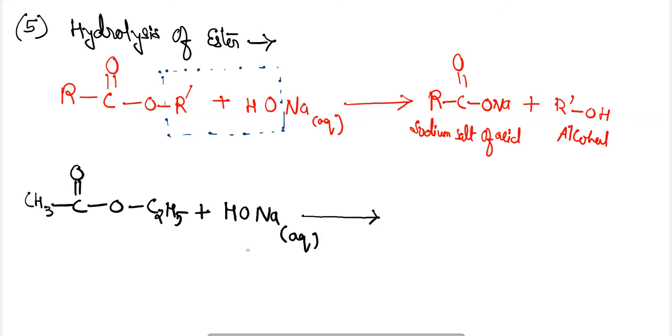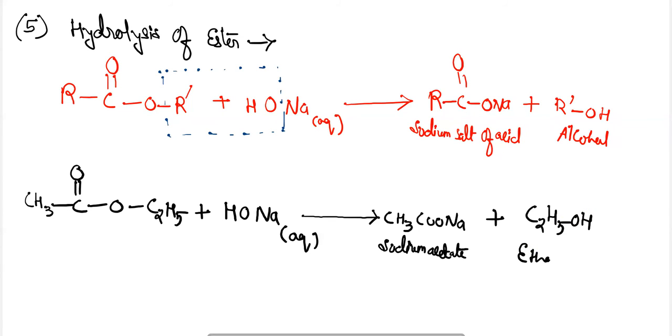In the aqueous solution it will produce the sodium salt of carboxylic acid, that is sodium acetate, plus ethanol. Ethanol will be formed here.